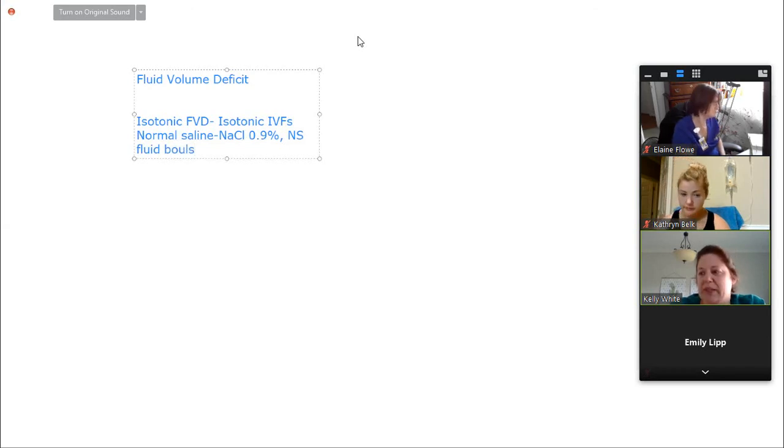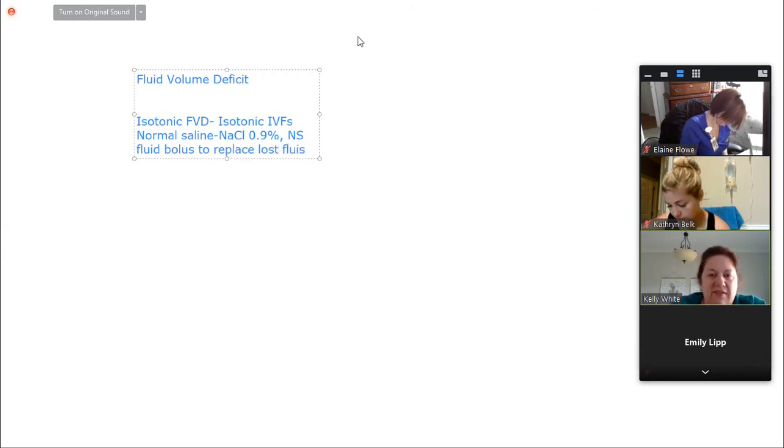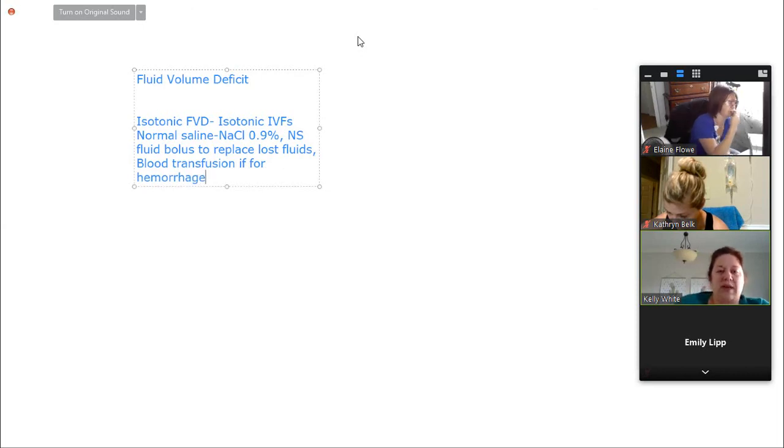We're just going to replace lost fluid. If it's due to hemorrhage, we're going to give blood transfusions. Hemorrhage. So that makes sense, right?